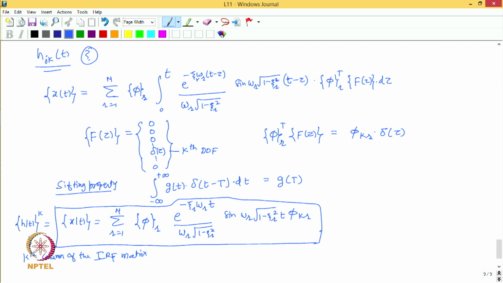And if I want to know hjk, then I just need to take the jth element of this kth column, and therefore we can write down here the hjk t as, r varying from 1 to n, and then I have simply the jth element of this eigenvector, phi j r, into phi k r into e to the power minus zeta r omega r t divided by omega r into 1 minus zeta r square multiplied by sine omega r under root of 1 minus zeta r square.